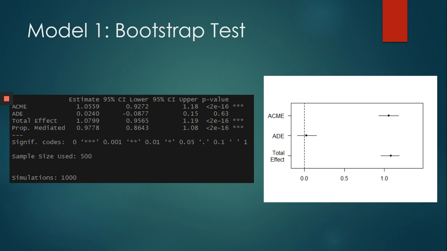So additionally, the fact that this is significant displays that we cannot rule out mediation. And in this case, prop mediated indicates that our model is 98% mediated by our mediator variable, which is very close to full mediation. And as we can see from our plot, our ADE is not significant against 0, and the others are. They're around 1.